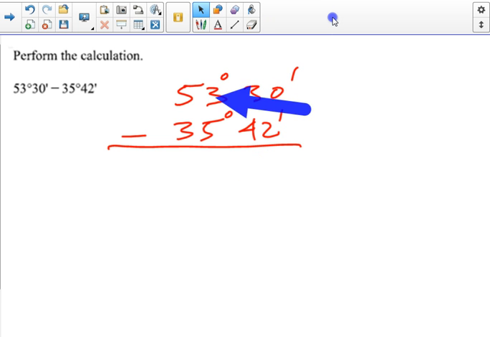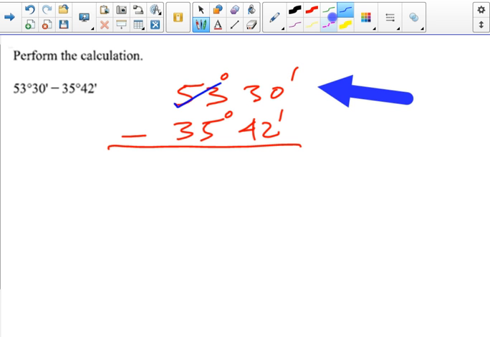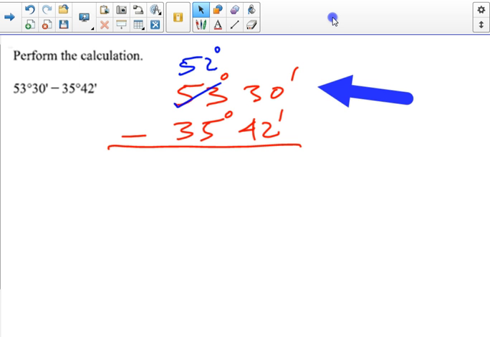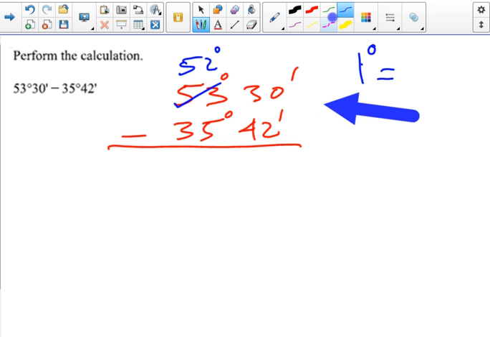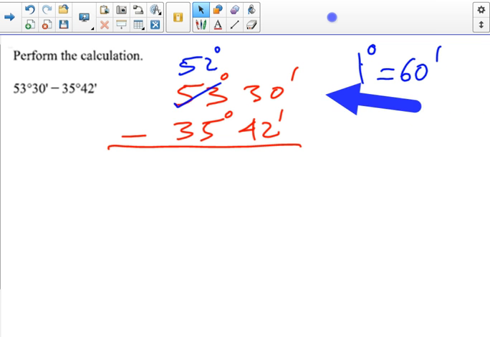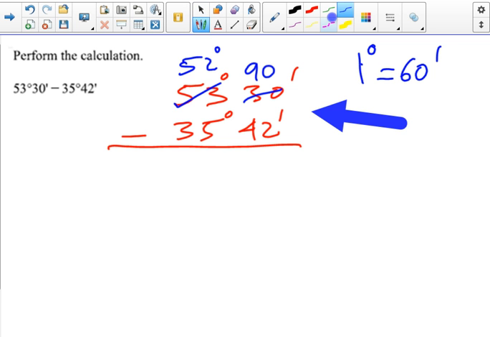We're going to take a degree off of this and make this 52 degrees. But do not add a 1 to the minutes, because you borrowed 1 degree, which is 60 minutes. So 60 minutes is what we're going to add to the 30 to produce 90 minutes.